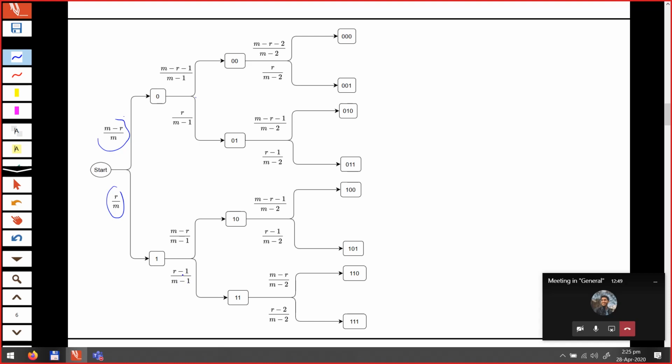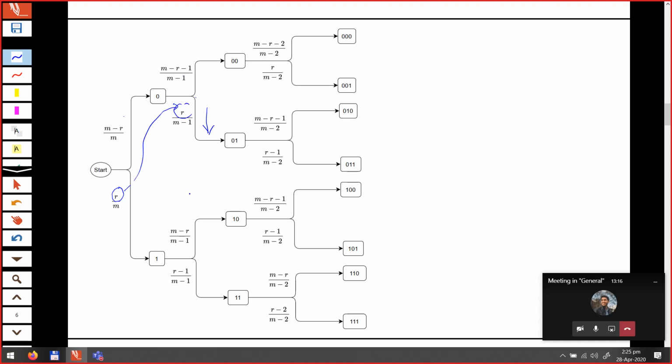What you need to note here is that you can spot a pattern here. Because in this path successes did not change, the numerator r goes there unchanged.